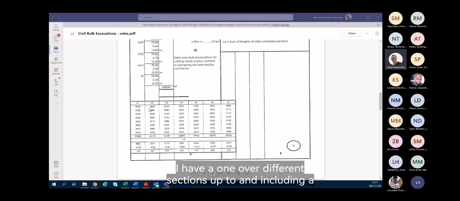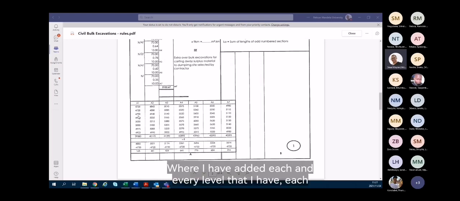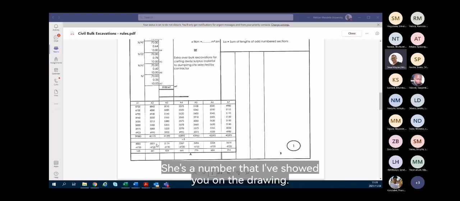On my screen, you can see that I have now indicated at A1 all my different sections up to and including A7, where I have added each and every level that I have. I've divided that by 8, which is the number that I've shown to you on the drawing.